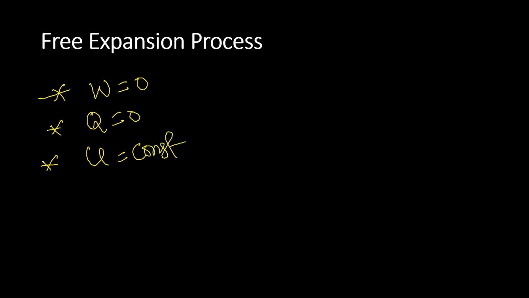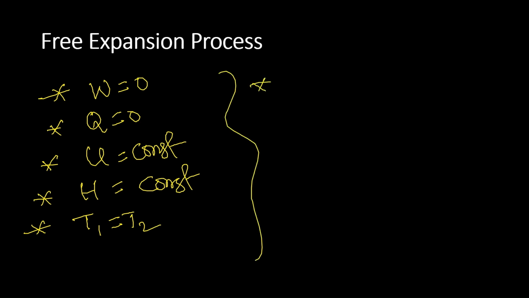Summarizing the free expansion process. For free expansion process, work done is equal to 0, Q is equal to 0 and internal energy is constant. Similarly, enthalpy is also constant and it is an isothermal process, that is T1 is equal to T2, and it is an irreversible process where delta S is greater than 0.